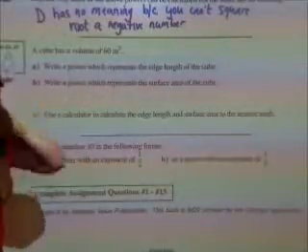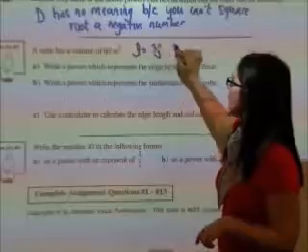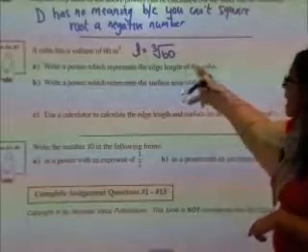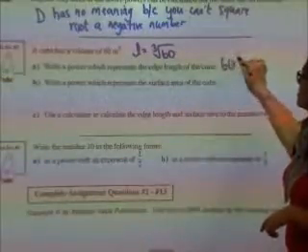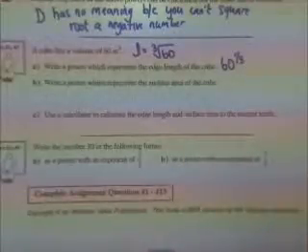A cube has a volume of 60 cubic meters. Write a power which represents the edge length of the cube. So if I want to find the edge length, and I want to write it as a power, well, to find the length of the side, I would take the cubed root of 60. As a power, that becomes 60 to the power of 1/3.